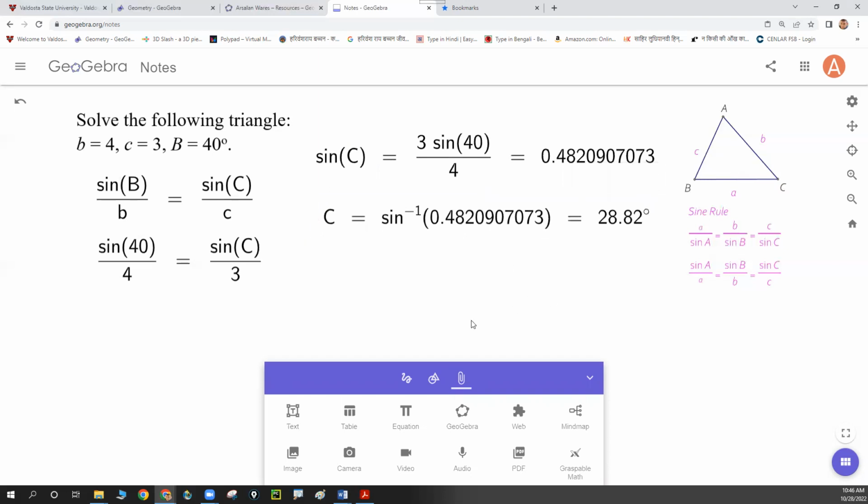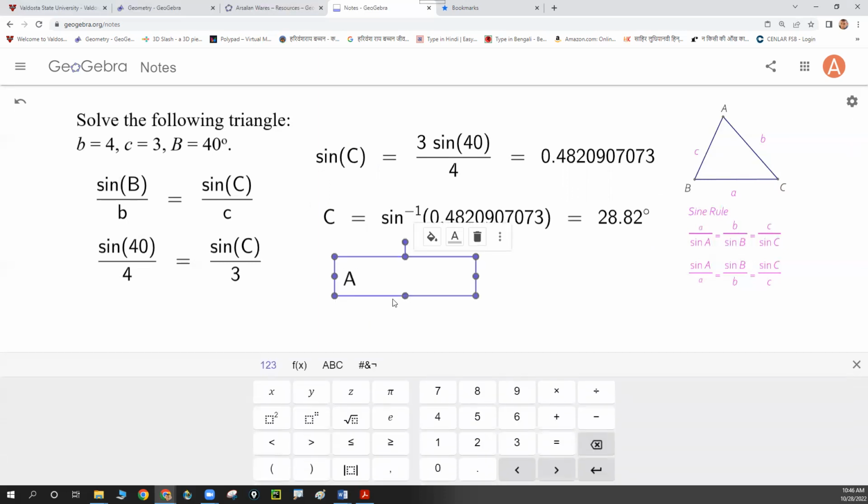Now, once I know angle C for sure, I'm going to find angle A, which is not terribly difficult to find. Angle A is going to be equal to 180 minus the value of angle B, which is 40, minus the value of angle C, which is 28.82.